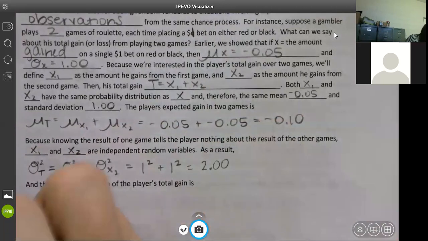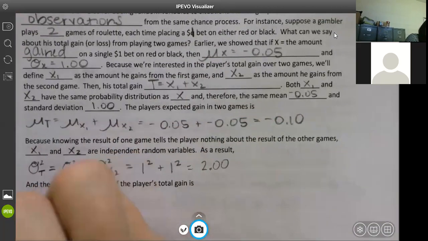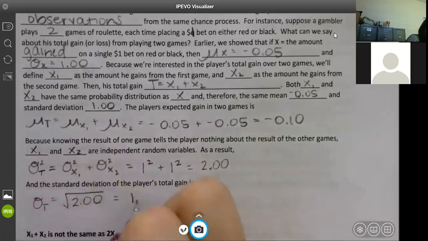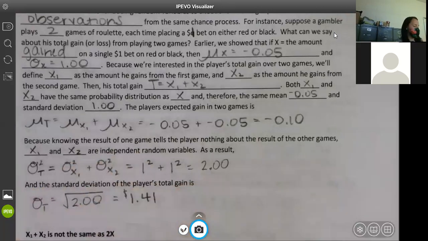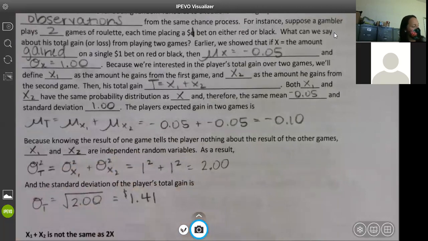So then to actually find the standard deviation of the total, we took the square root of the total variance, which gave us $1.41. All right, so again, it's just adding that, and then remember when you're doing the standard deviation, it's adding the variances and then taking the square root to find the standard deviation. Okay.